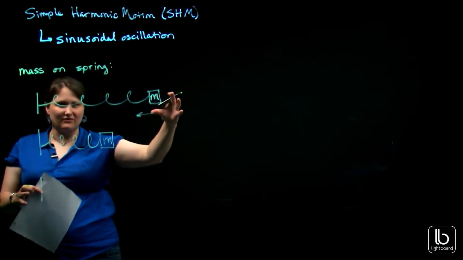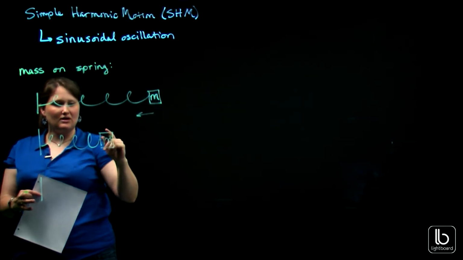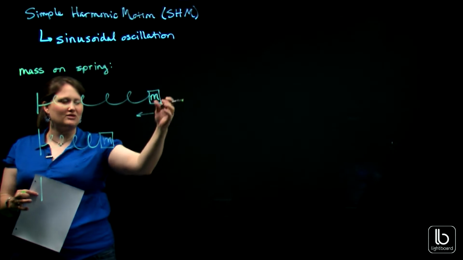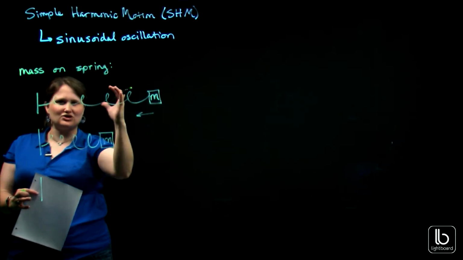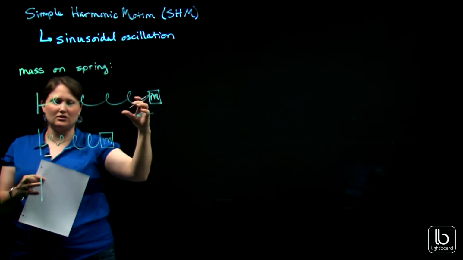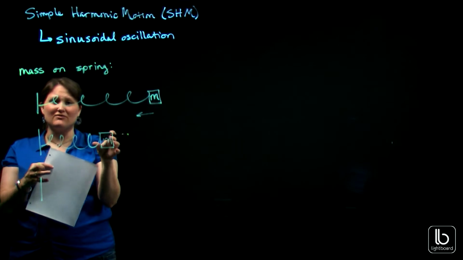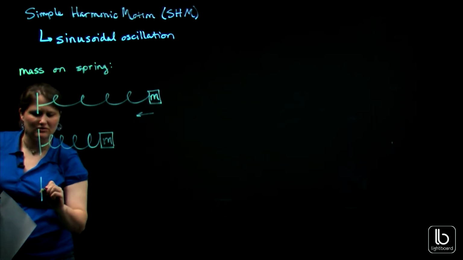But because I've developed some momentum, I have some velocity. So again, I'm going to have the most acceleration here because I have the most force out here. I have the most spring force. And as I move through, I get to a point where I have no spring force, but I have my momentum carrying me through.